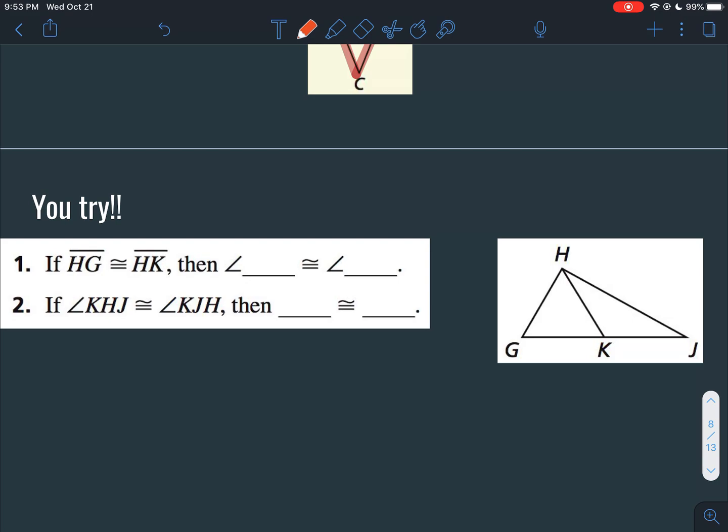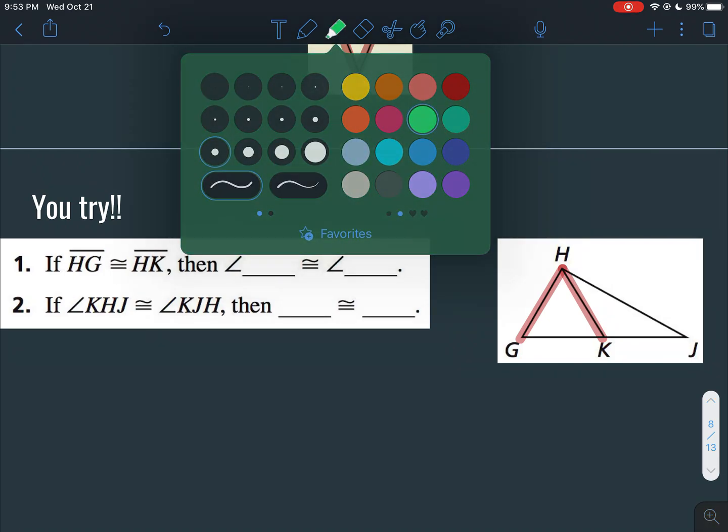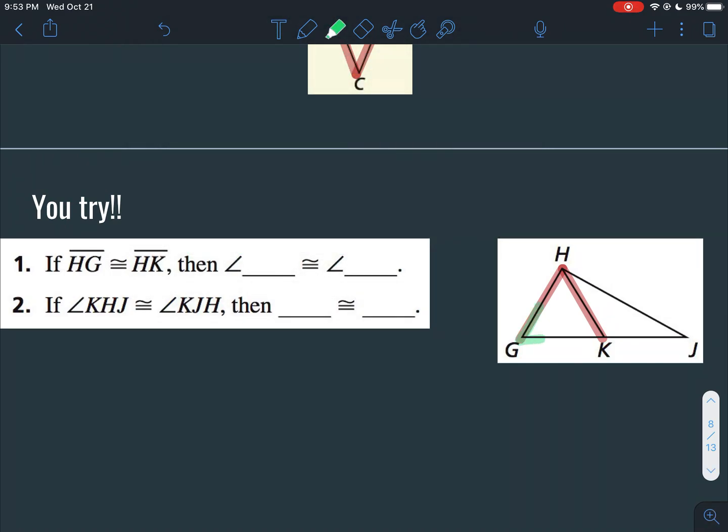All right. So on number 1, it says if HG is congruent to HK, then angle HGK, or angle G, let's say HGK, is congruent to HKG.